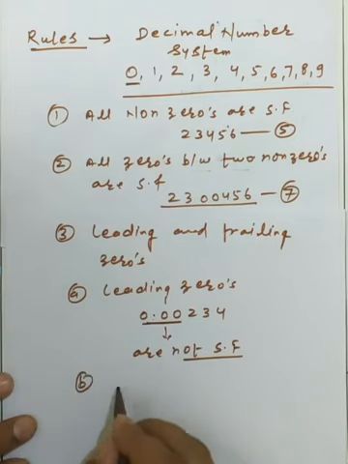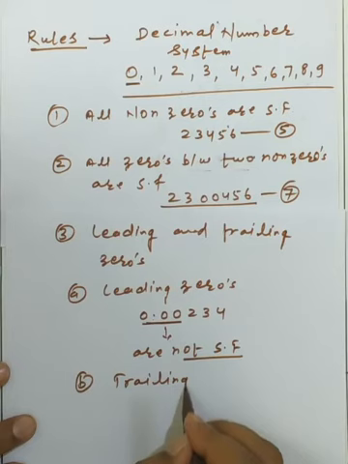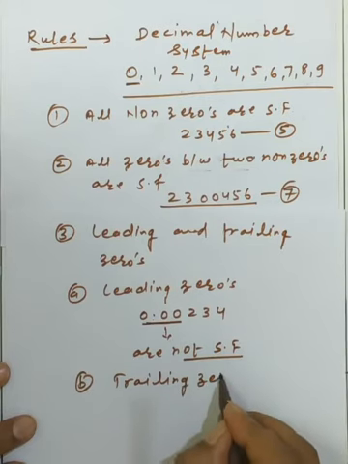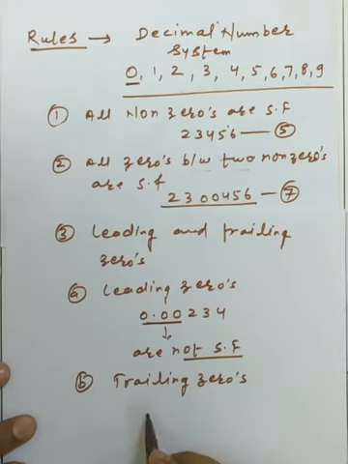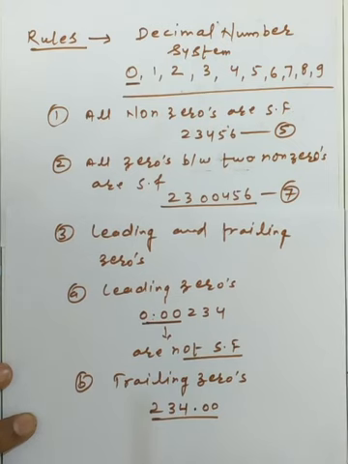Now part B, trailing zeros. Suppose we have the number 234.00. What do you mean by trailing zeros? The zeros just after the decimal, on the right-hand side of the non-zeros, are known as trailing zeros. Someone asks how many SF we have in this figure.